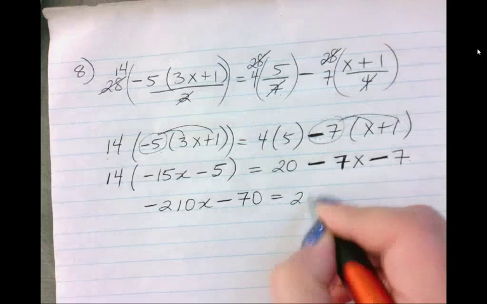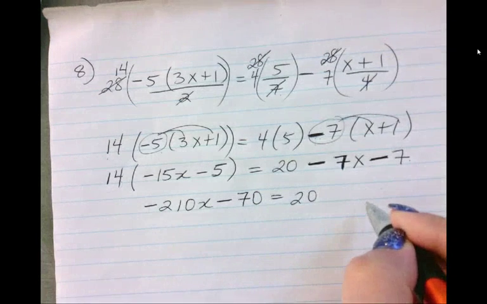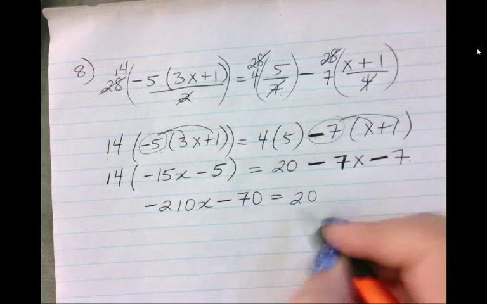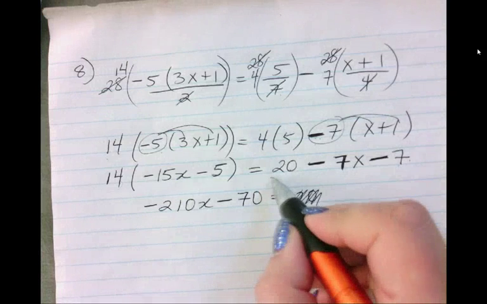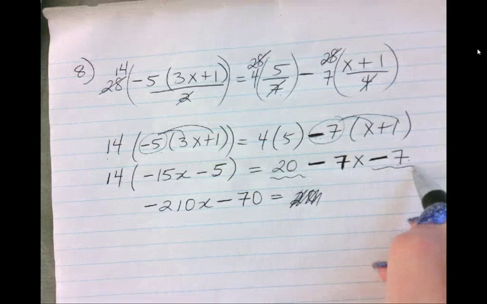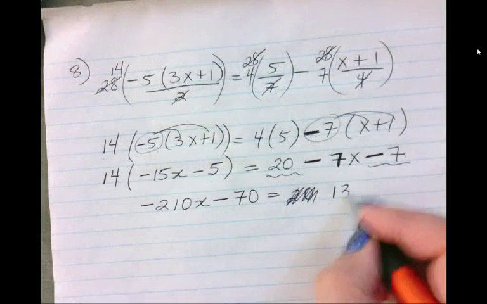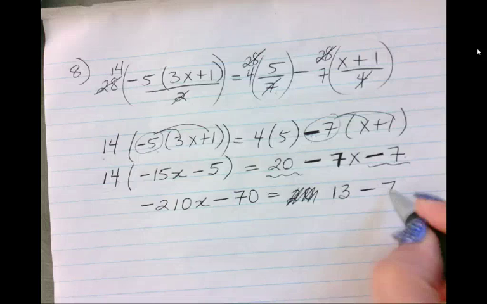So I've got 20, and you have a choice here. Do you want to clean this up a little? Okay, let's combine this 20 and that minus 7. That's 13. And then I have minus 7x.